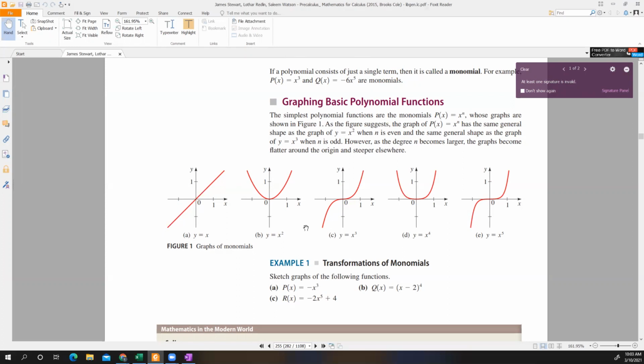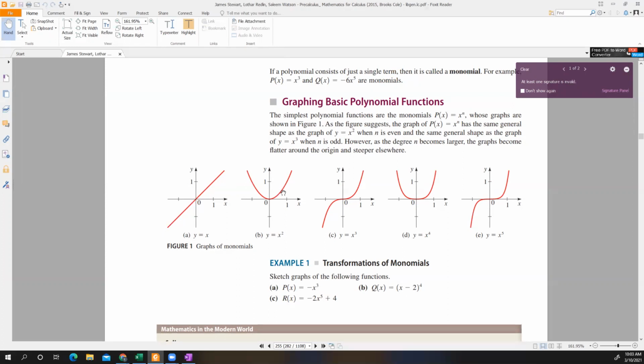Let's look at the even degree ones. We have x^2 and x^4. They both look similar in the sense that this one's a parabola and the bottom of the other is flattened out a little bit more. But the more important feature that they share in common is their so-called end behavior.